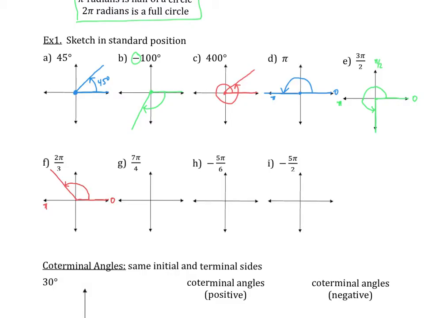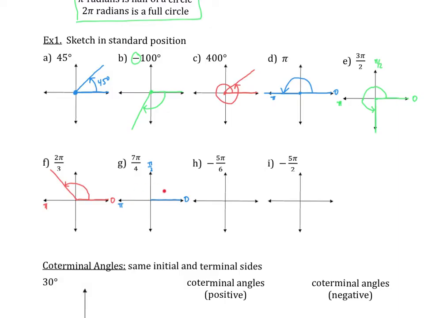Okay, for G, 7 pi over 4 radians. Again, I'm kind of using my estimating skills to guess this. I know that this is 0. I know that this is pi. And I actually also know that this is pi over 2. Okay, I want to go 7 pi over 4. So I want to think about how big 1 pi over 4 is.